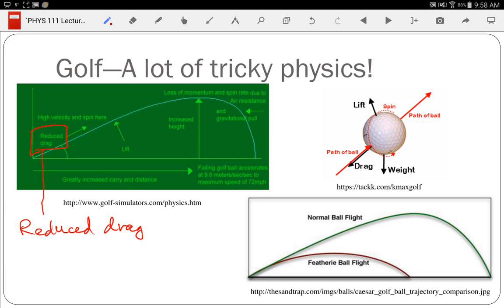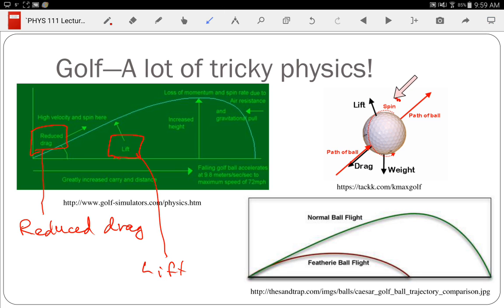But then you have another effect there, and that is the lift. Because the ball is spinning, okay, so you have me missing. Okay, there we go. It worked for one time.